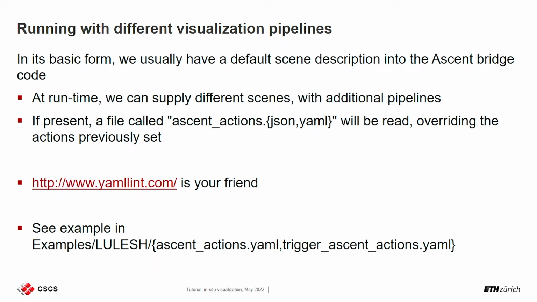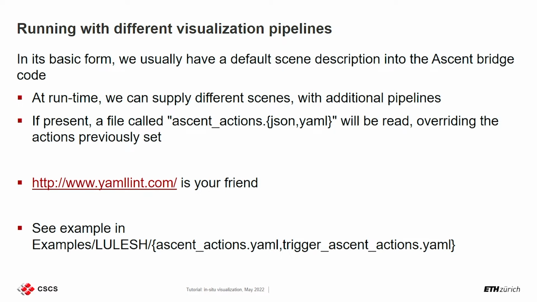I guess that's the convention, not a convention, but in most interfaces done with Ascent, we will declare a standard visualization, a prototype of visualization that will be run by Ascent by default.